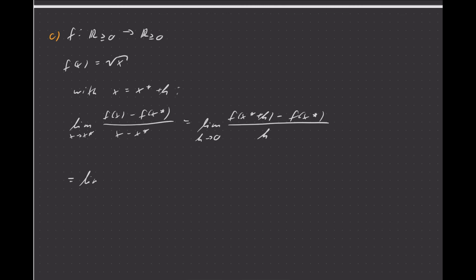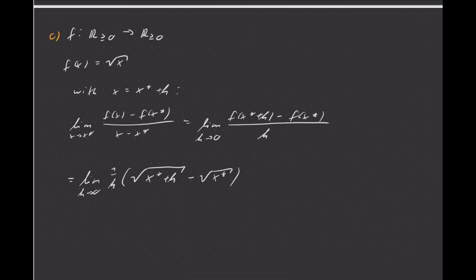And this is the limit as h tends to 0, 1 over h. And let's use the function definition. f of x star plus h is the square root of x star plus h. And f of x star, this one here, is the square root of x star.